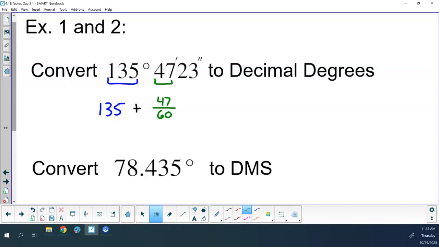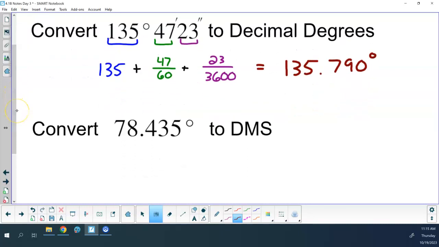Yes. Then we got to add to that 23 over 3,600. When we plug that all into the calculator and we round to 3 decimal places, we get 135.790 degrees. Yes? Okay. Love it.